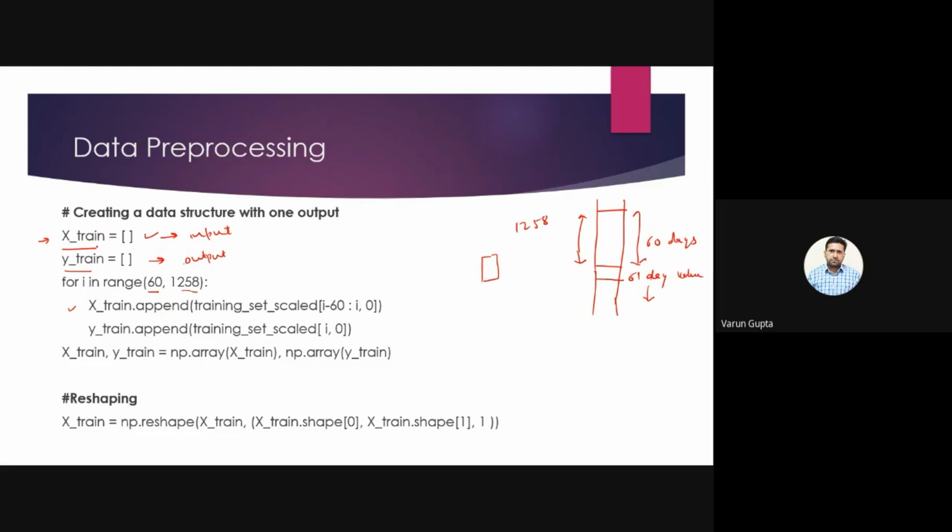So basically we are making a list of 60 values each. So first, in the loop, it will be 60 minus 60, so starting from 0 to 60. This 60 is not included, so first up to 59. So the first 60 values from this 2012 year will be the first input.